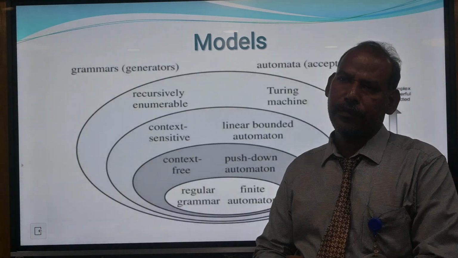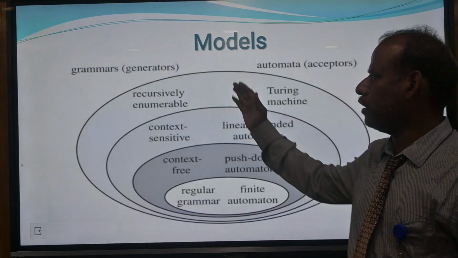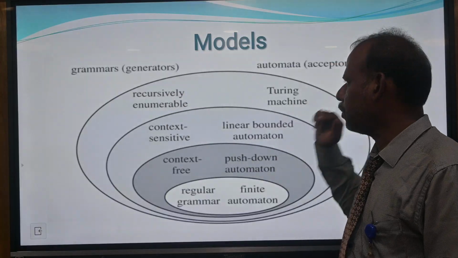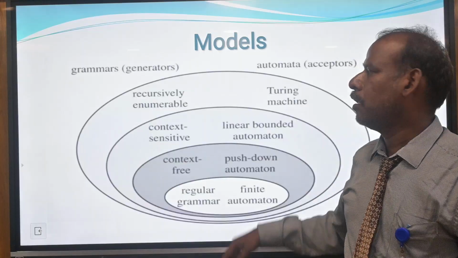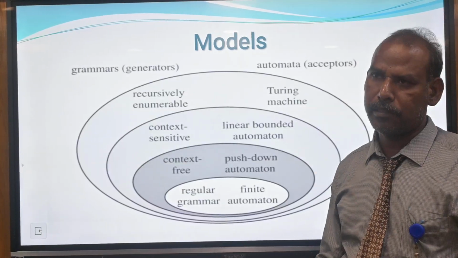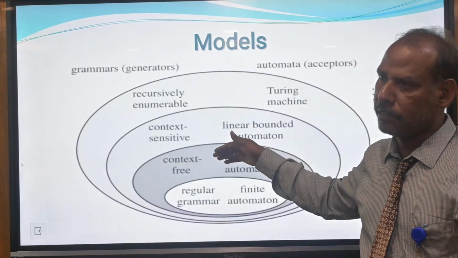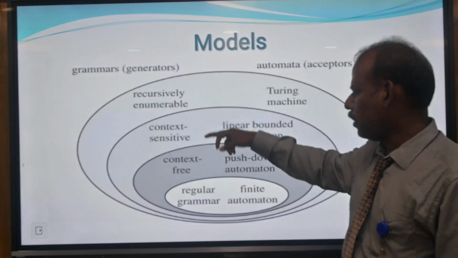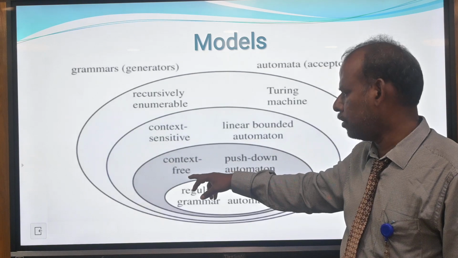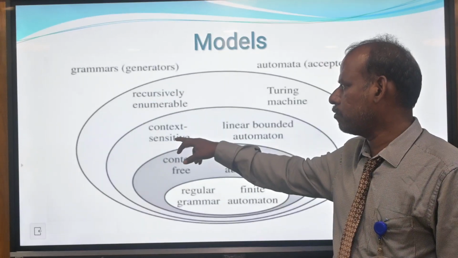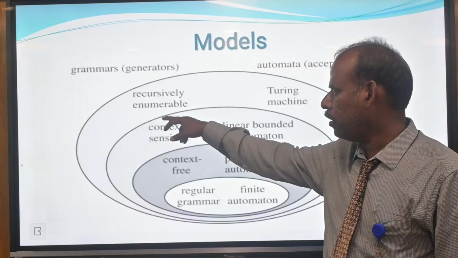Here another model is given: on one side grammars, on the other side automata. Grammars are also called generators and automata are acceptors. Some subsets are given. First, regular grammar is a subset of context free grammar and context sensitive grammar, and then recursively enumerable.